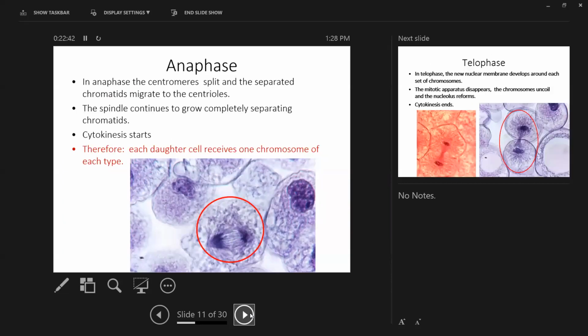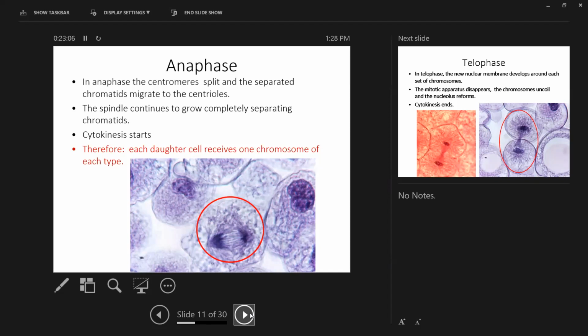Anaphase is the shortest of the phases. From the time that the cell lines up on the metaphase plate in the middle of the cell during metaphase to the end of anaphase is the shortest of all phases. It occurs very rapidly. The chromosomes are pulled apart quickly.